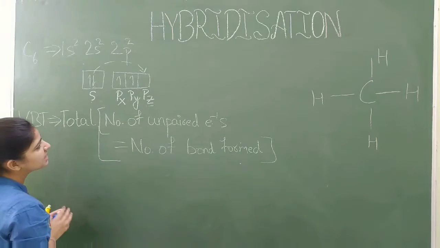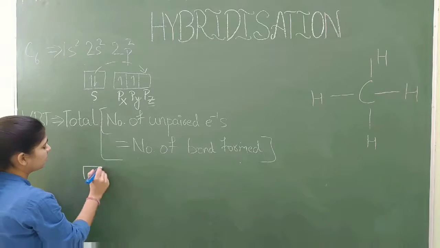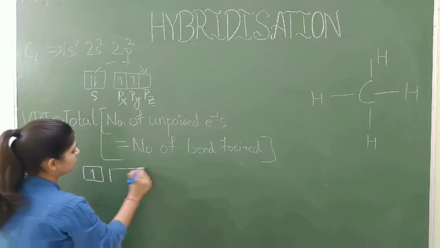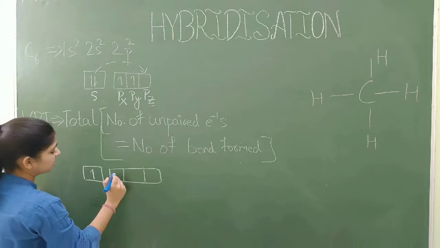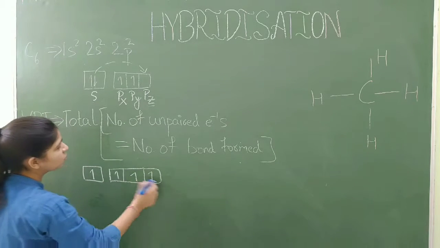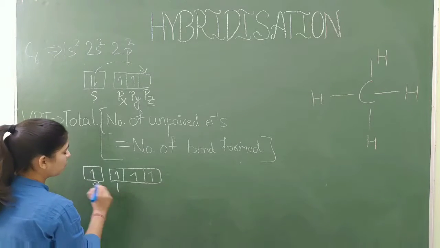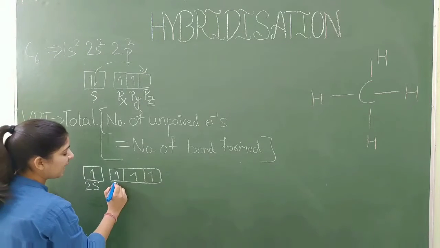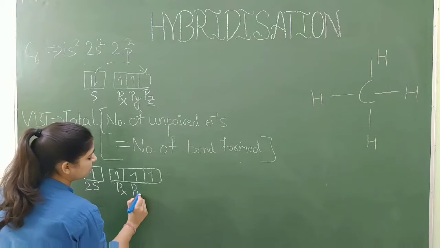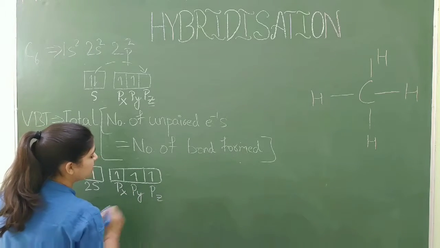So the excited state is like this. There are 3 electrons in the p orbital and 1 electron in the s orbital, that is 2s orbital and 2p: px, py and pz.